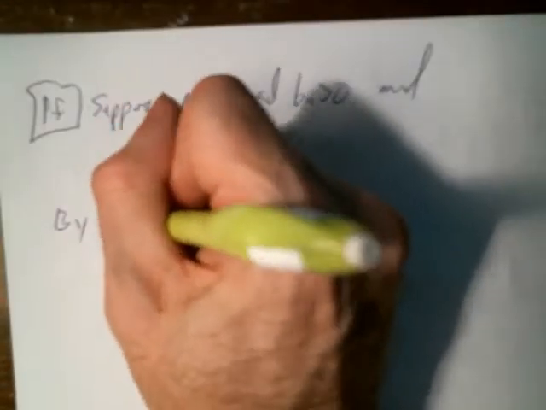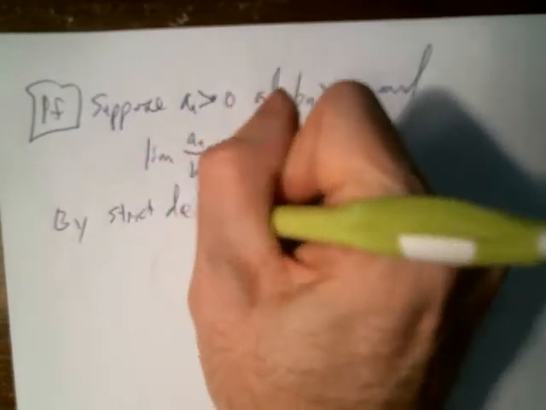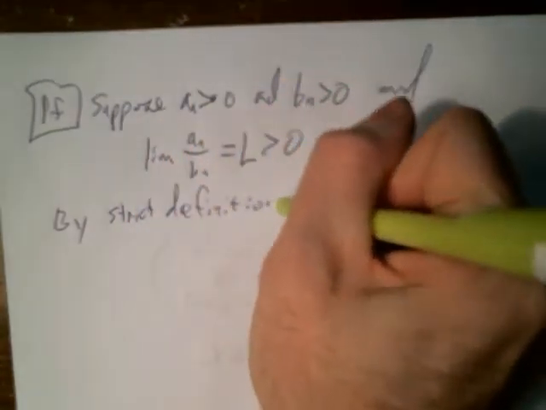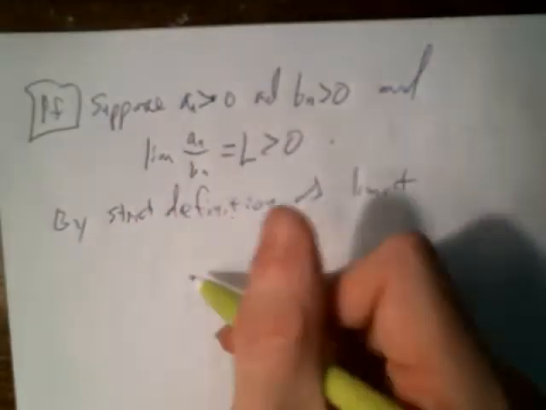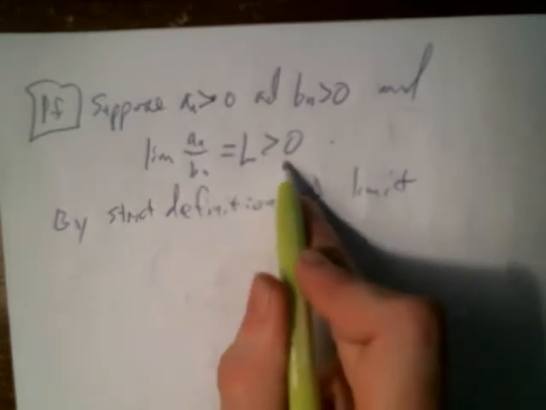I think we could just jump to the strict definition of a limit. By the strict definition of the limit, we can bound this ratio away from 0.